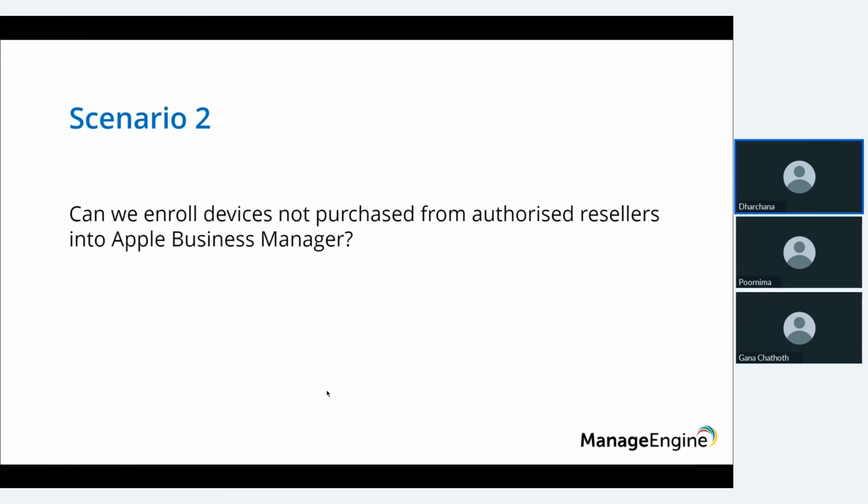So the second scenario, can we enroll devices not purchased from authorized resellers into Apple Business Manager? As I mentioned earlier, one of the conditions for enrolling Apple devices into ABM is that the device has to be purchased from the authorized reseller. So if you want to get the benefits of ABM and you want complete device management, there is a workaround for this. You can use another enrollment method called Apple Configurator.